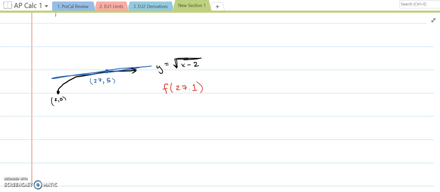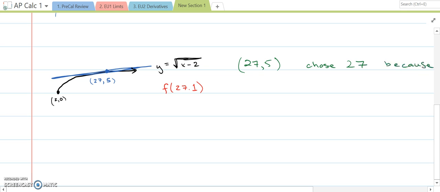It's not exactly there, but it's close enough that we can use it for an approximation. How? Well, first things first, I found out that it was 27 comma 5. I chose 27 because it was close and convenient.